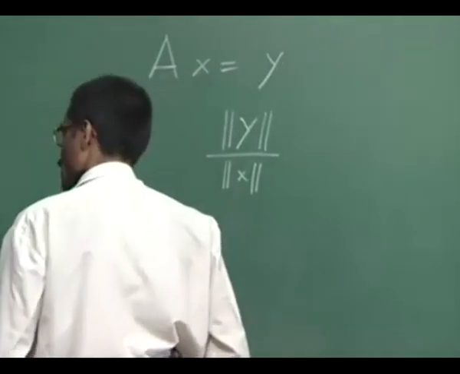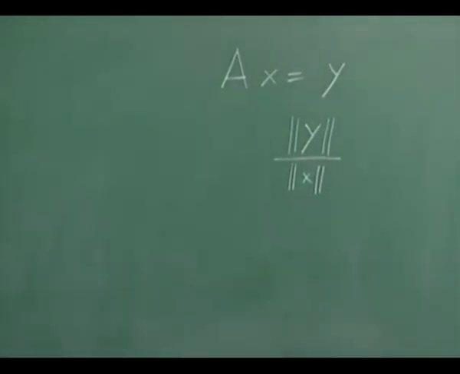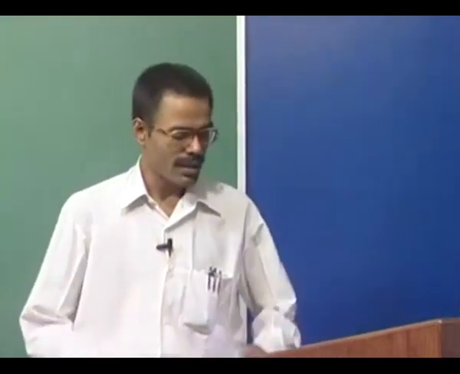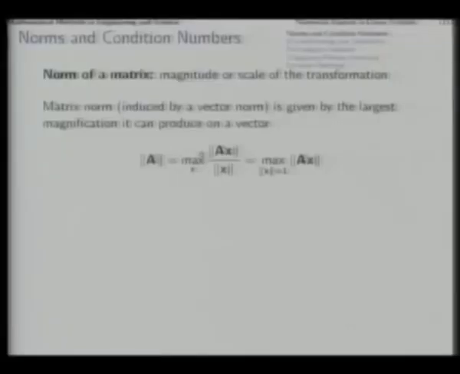That means we will define the norm of the matrix, or size of the matrix, as the maximum over all x of the magnification, size of Ax divided by size of x. Or if you wanted to take all x's which are of the same size, then you could also define it in this manner.